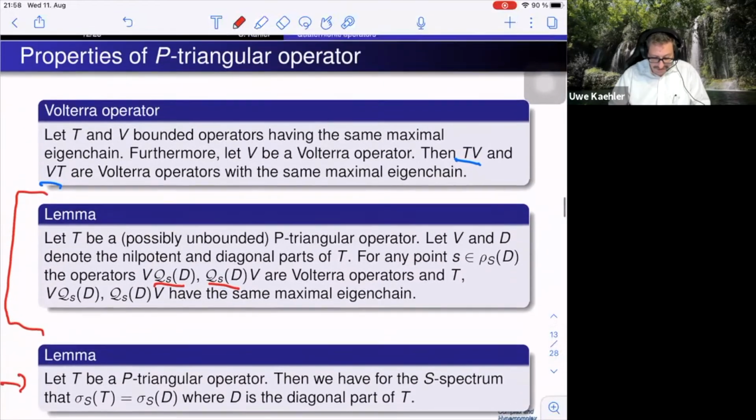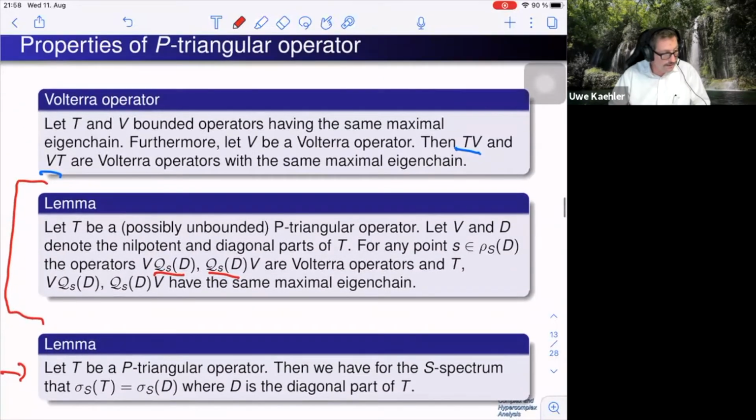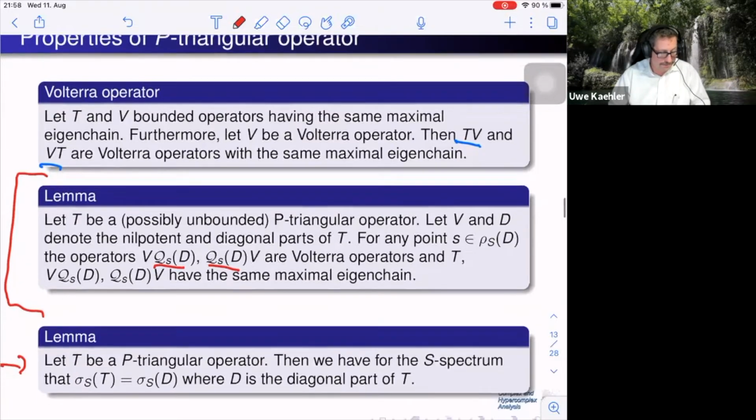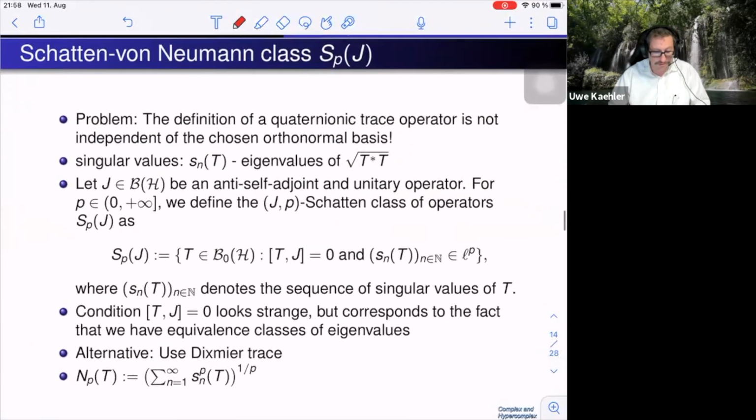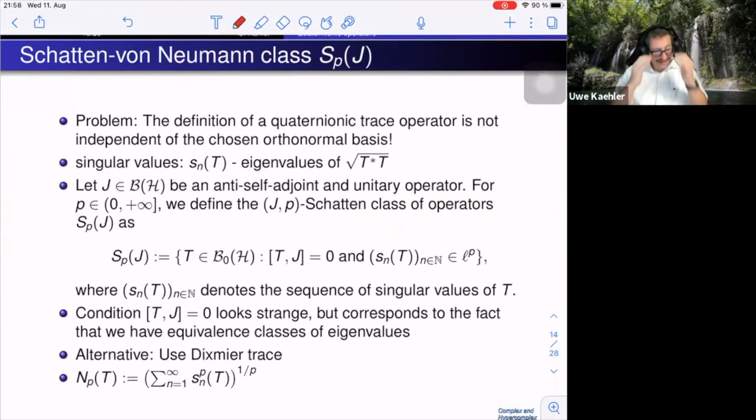Another tool which we need, of course, when we talk about isolating compact operators, is that we need to introduce the Schatten-von Neumann classes. There's a problem which is already present in the Quaternionic case, the same problem you would have in all non-commutative structures or even in non-commutative geometry. If you want a trace operator, the first problem is that you cannot define it like in the classic case.